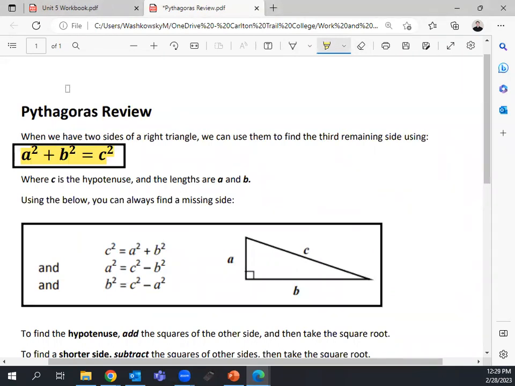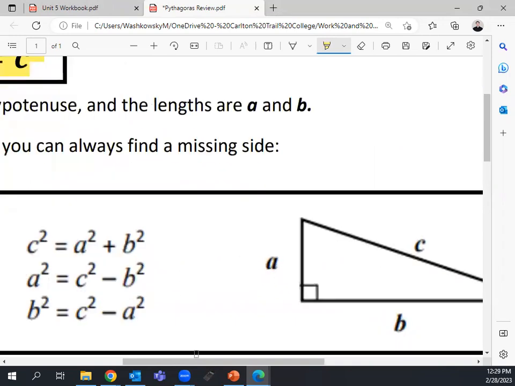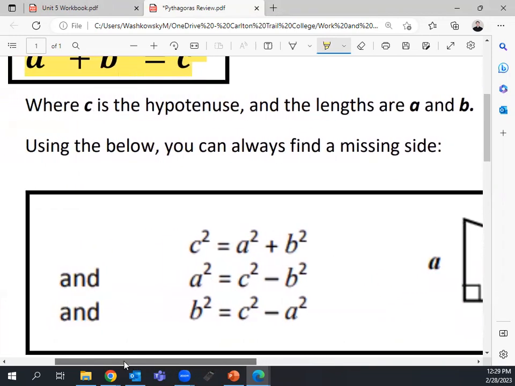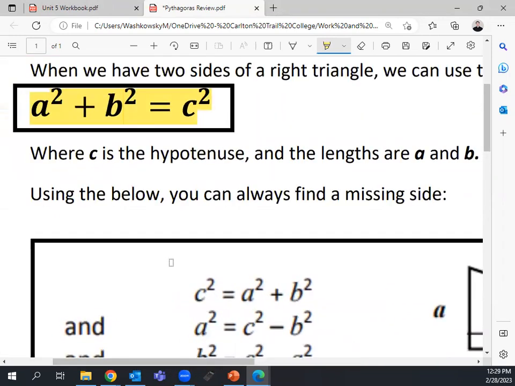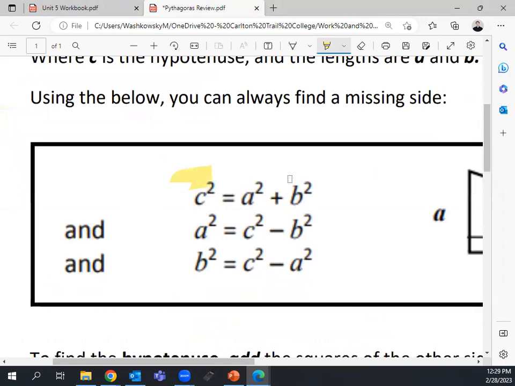As to how to use it correctly, if you're not too great with the algebra part of it, and that's okay, a lot of students are in that boat, where you're not able to manipulate this equation, what you can do is just memorize these 3 things here, and that will get you there. This is why I handed that out yesterday. It's that sheet here. If you're trying to find the C, you would use the one that has C by itself.